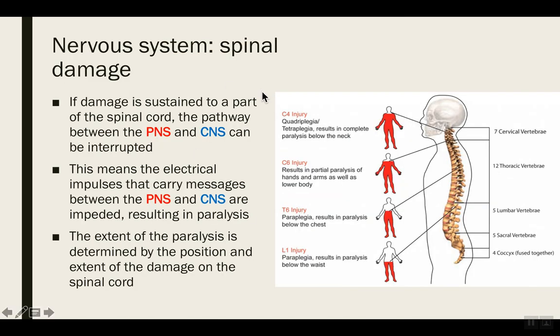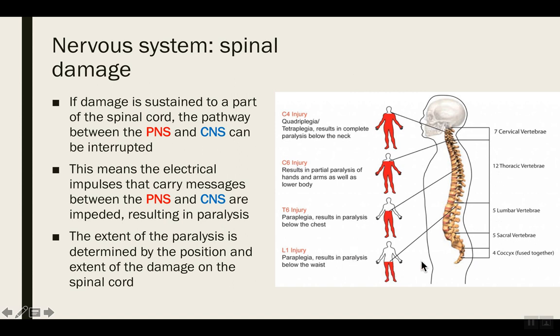We learn a lot about how the nervous system works by looking at what actually happens when it goes wrong. And one of the most common things is if we look at spinal injuries. That has a pretty standard injury pathway.